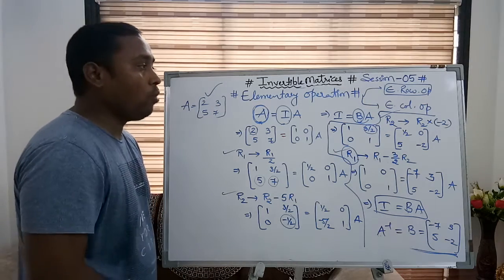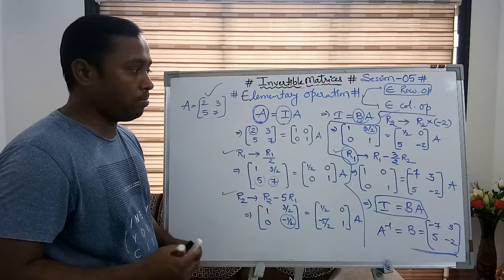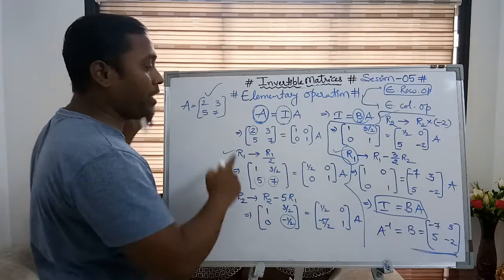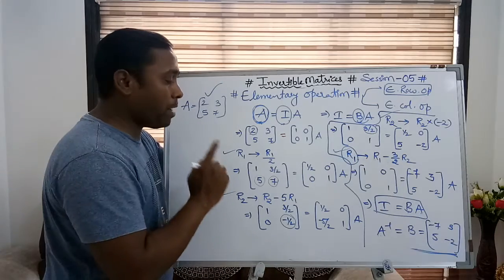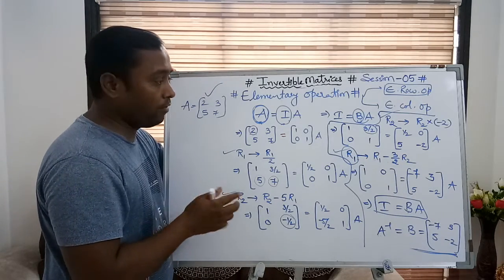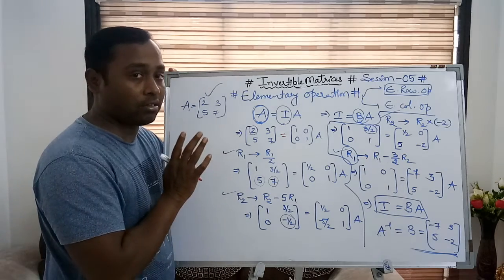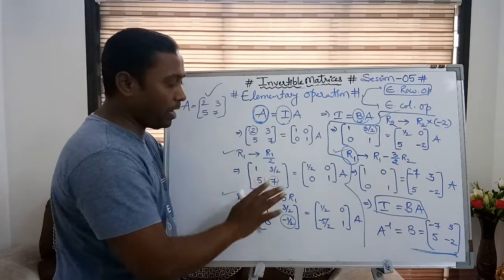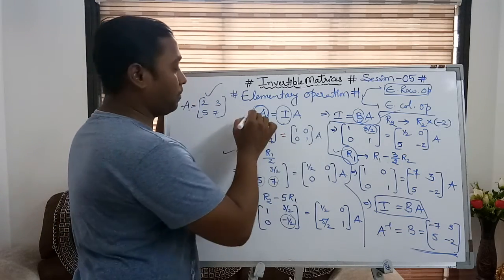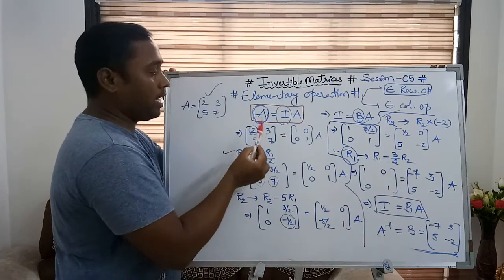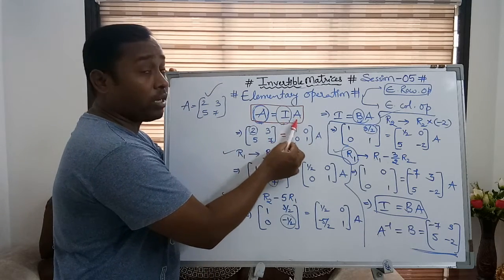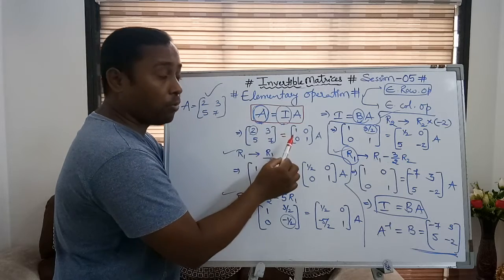So how will we start this method? Always remember the sequence. If you follow this method step by step, you will definitely get the answer. If you change anything in between randomly, you may get stuck somewhere. You must start with the statement A is equal to I into A. This order is also very important.